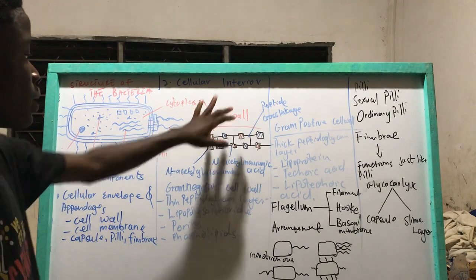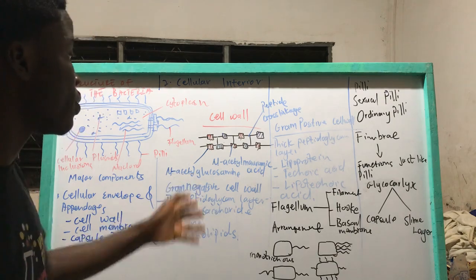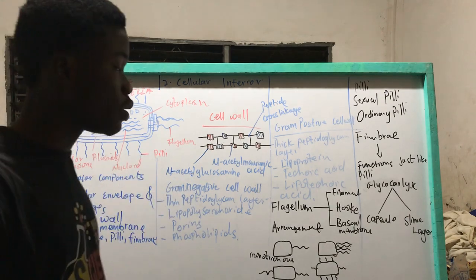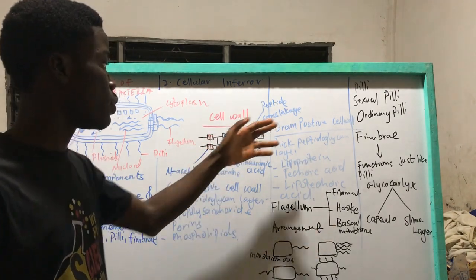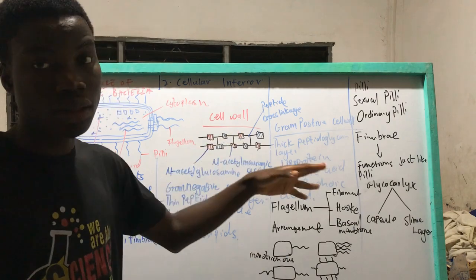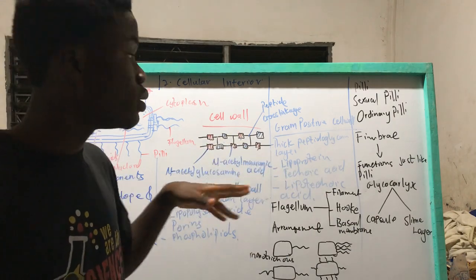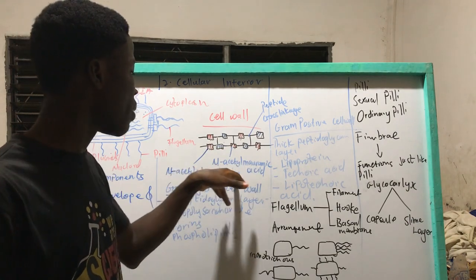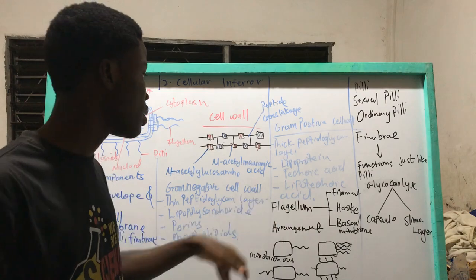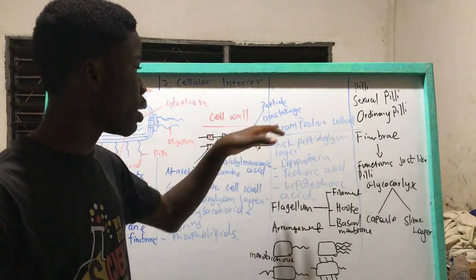When we pick the cell wall, as we discussed the other time, this is just a revision. We said that the cell wall is made up of what? A peptidoglycan layer, and the peptidoglycan layer is made up of two molecules that alternate to form chains: N-acetyl glucosamine and N-acetyl muramic acid, and they are cross-linked by what?